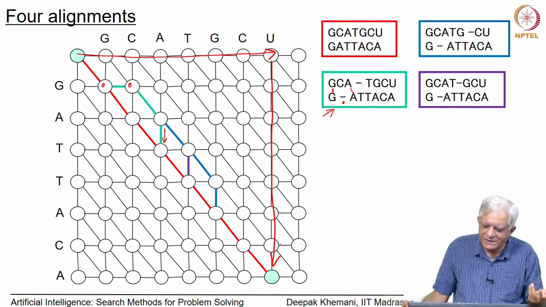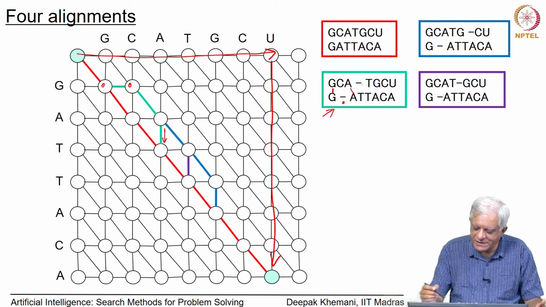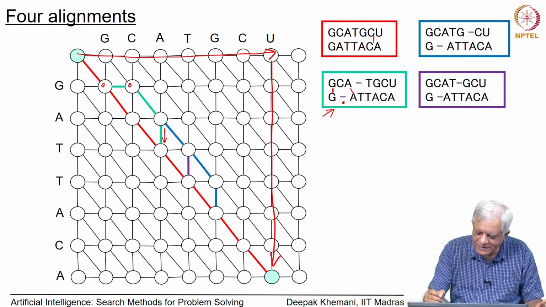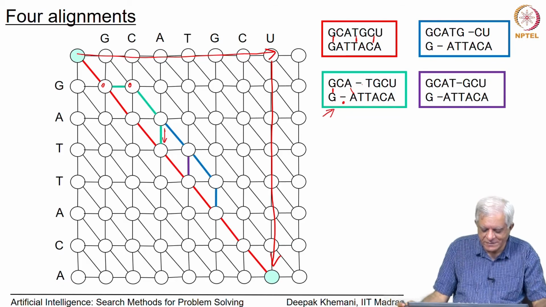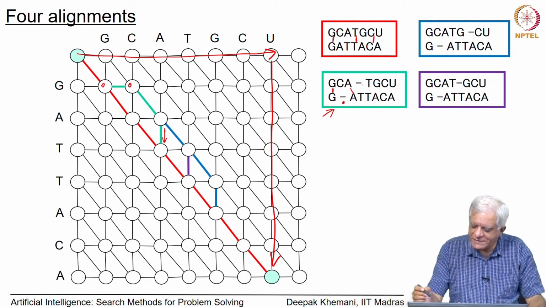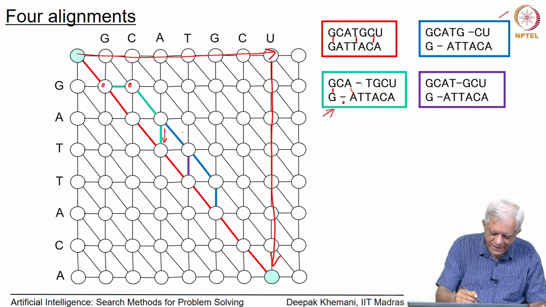But obviously, you can see that the gap insertion cost might be too high, whereas in many of these alignments that we are seeing, you are aligning C with C, T with T and G with G, and you are doing something which is reasonably good. Anyway, the other 2 good alignments are the one shown in blue here, where also you have inserted 2 gaps, but in 2 different places, and that is depicted by this deviation.